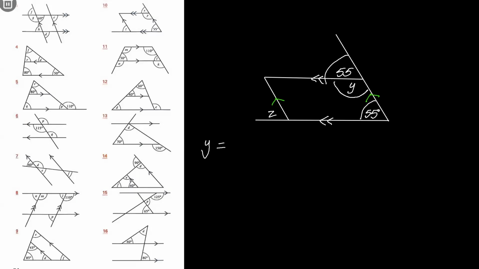How much does a straight line add up to? 180 degrees, sir. Right. Good. So y would be equal to 180 minus 55. Correct.